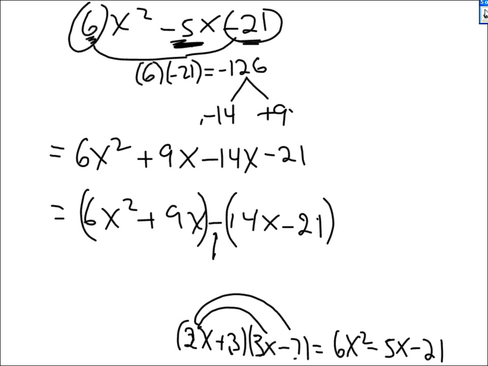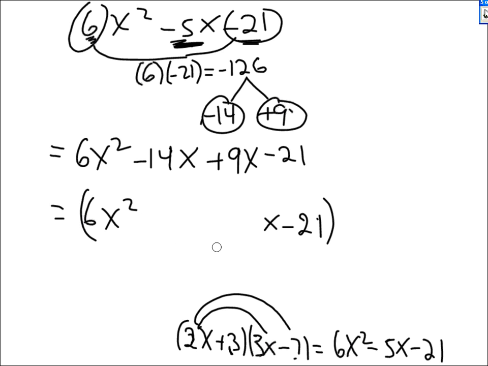And the first number, if it has to be negative, let it be negative. That way, you'll always have a positive in that middle. The only way this will not work is if the 2 numbers here and here were both negative. Because if they're both positive, it doesn't matter which you put first. So I'm going to put negative 14x first and plus 9x second. And then things are going to work out smoothly from here. I will not have a negative in the middle.